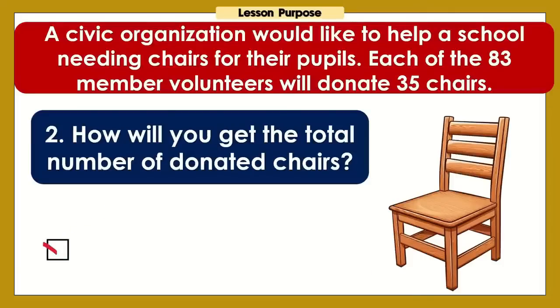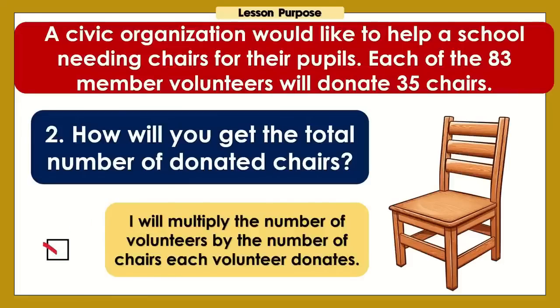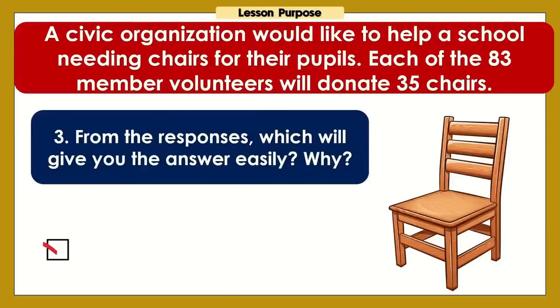How will you get the total number of donated chairs? Exactly. You will multiply the number of volunteers by the number of chairs each volunteer donates. From the responses, which will give you the answer easily?